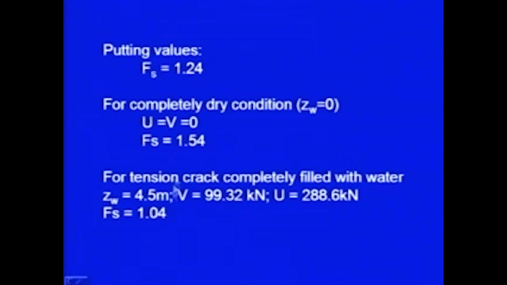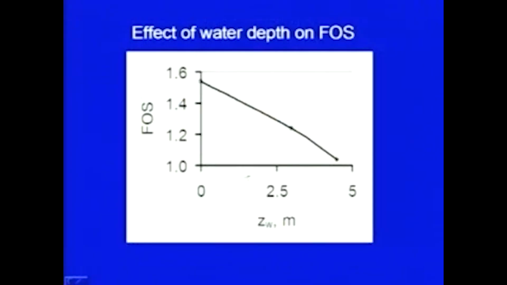So, you can see there is a variation of 1.54 to 1.04. This is a substantial variation in factor of safety. For the sake of comparison, we have shown here the variation of the factor of safety with the water depth in the tension crack. On the x axis, it is the depth of water in the tension crack.